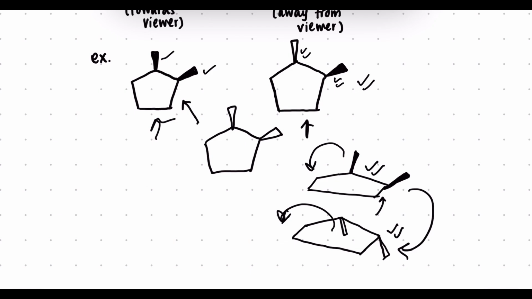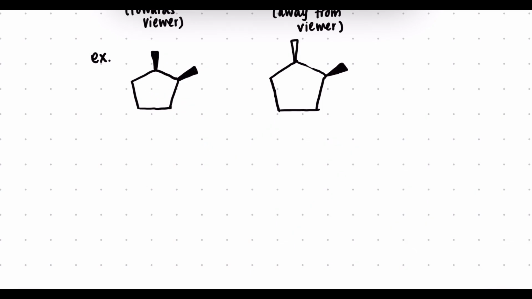So this here is identical to that, and switching these bonds would also be identical to the initial as well. So yeah, the geometrical isomers for a di-substituted cyclopentane would be this. Di-substituted with methyl groups would be that.